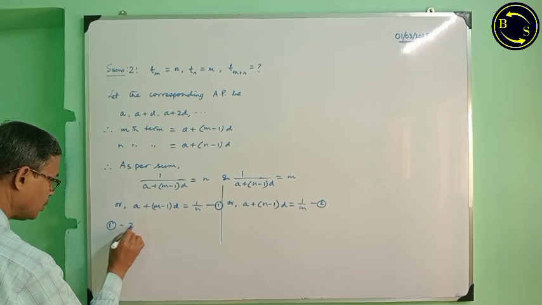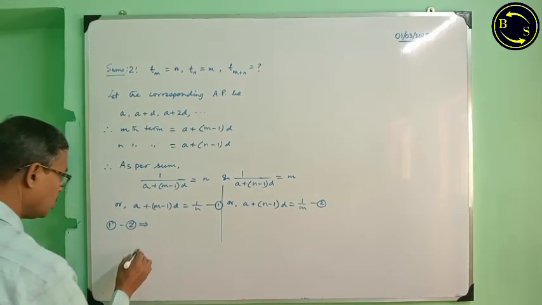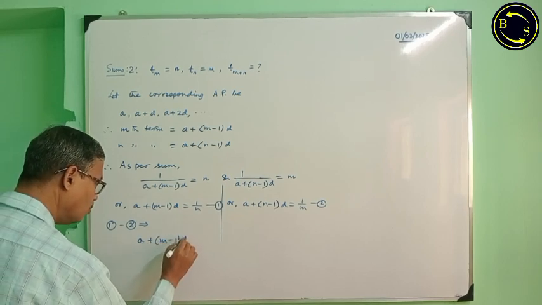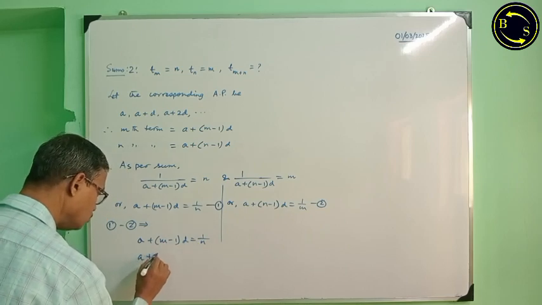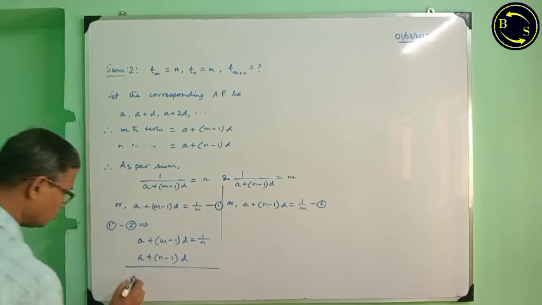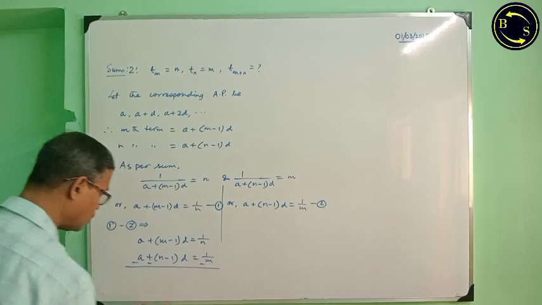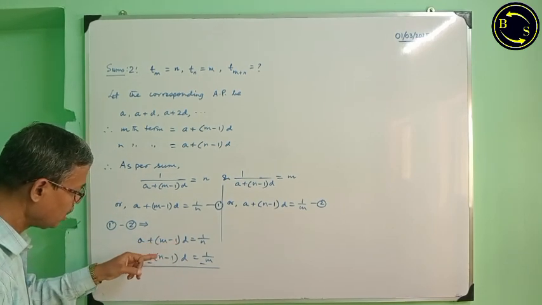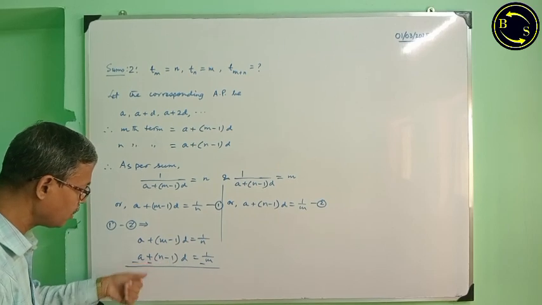One minus 2. I subtract equation 2 from 1, then A plus (m minus 1) into D, and here also minus D if we multiply, but there is a negative sign before that.